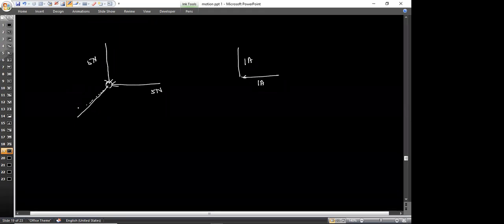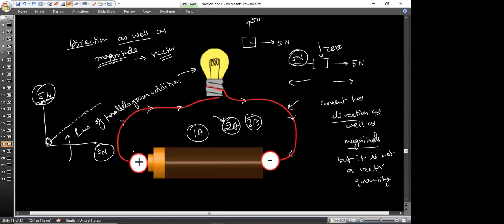So the movement of charge is in the wire. If the wire is placed in this direction, the current will move in this direction, but it is simply from positive terminal to negative terminal. The direction is specified. But what is lacking? It is not following the rule of parallelogram addition.